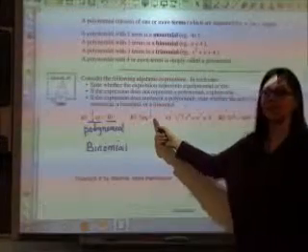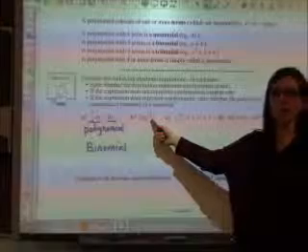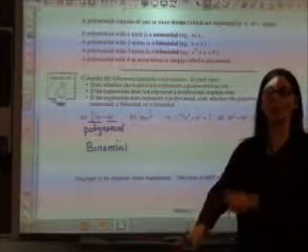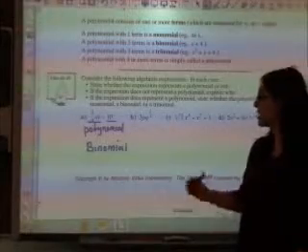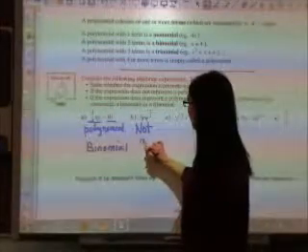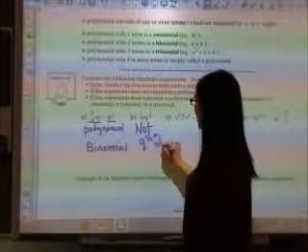Is 1/2 an integer? Yes or no? No, integers have to be whole numbers, positive and negative whole numbers. 1/2 is not an integer. This is not a polynomial because q to the power of 1/2 is not an integer.